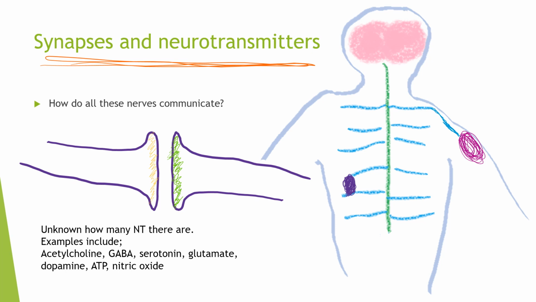There's any number of different possibilities that can occur, and even the absence of a neurotransmitter arriving at the green cell side of the nerve there may well stimulate a response. Effectively, this is how our body functions.